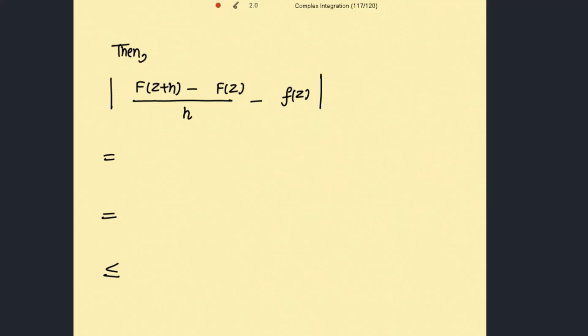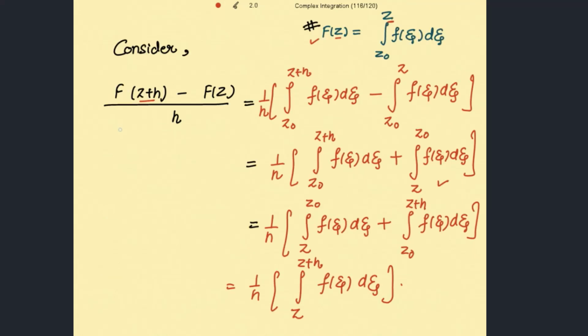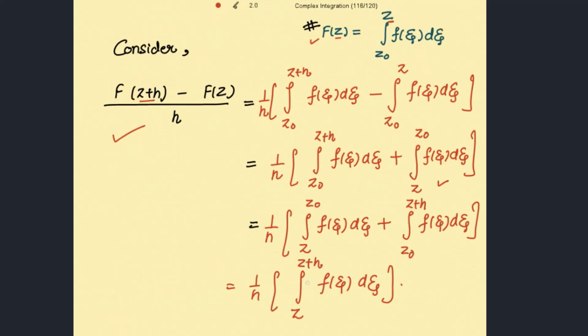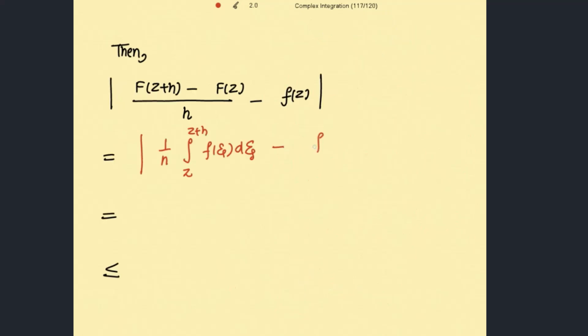Then if I take the absolute value of F(z plus h) minus F(z) over h and take its difference with f(z), this will become the mod of 1 over h times the integral from z to z plus h of f(ξ) dξ minus f(z).